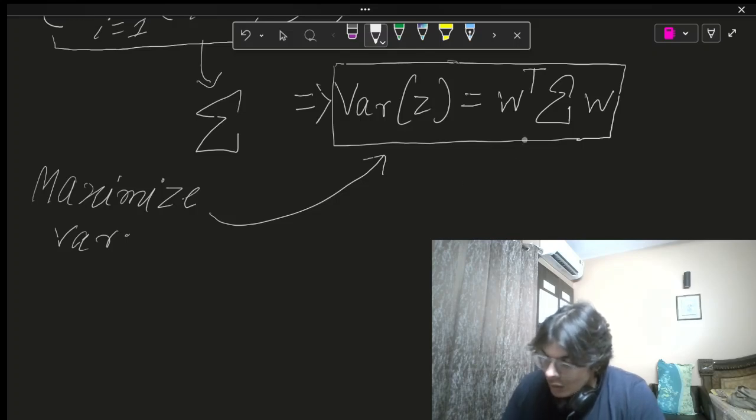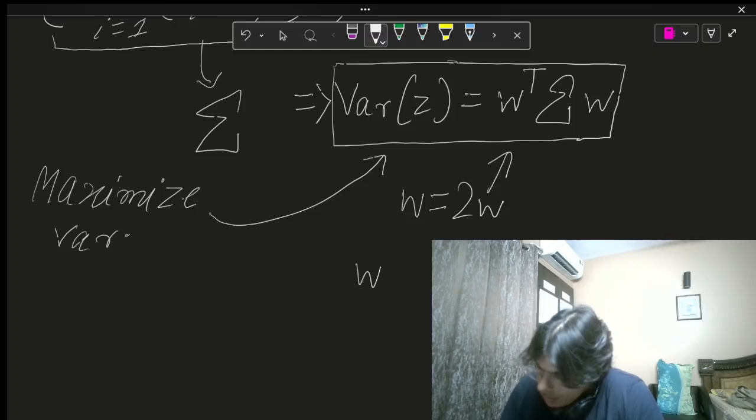Let's say I try to maximize this value, and I calculate it and get a value of variance. Now, what will happen when we put w equal to 2w? Put the value of w equal to 2w in this formula and see what happens. It will be w transpose sigma w, and this 2 will come here.